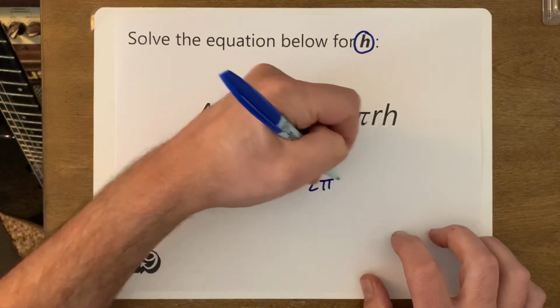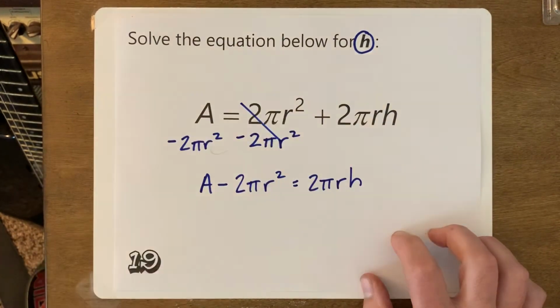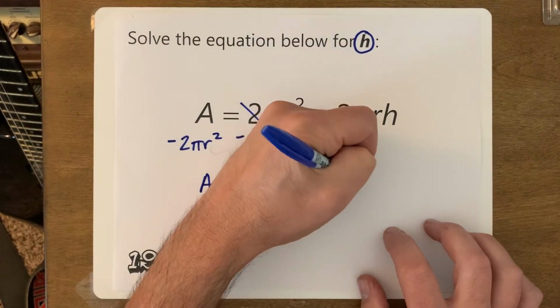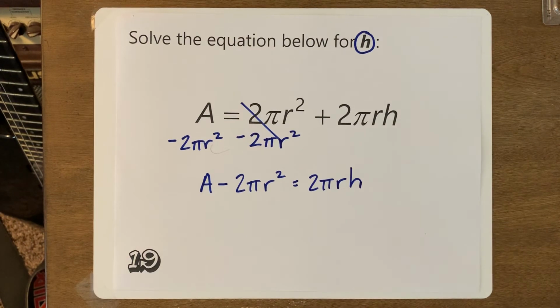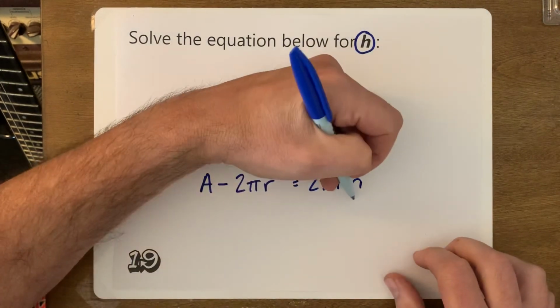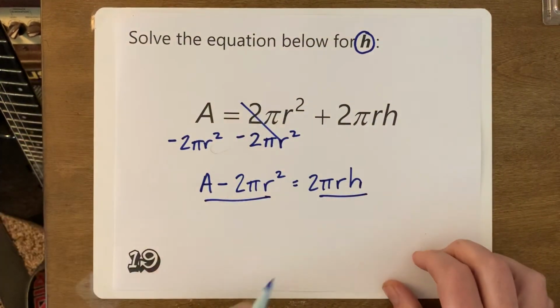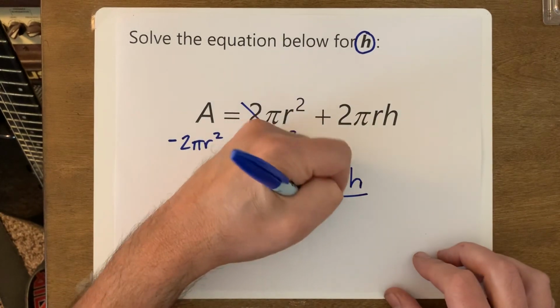Those are the exact same terms, so they cancel out, and I have minus 2 pi r squared equals 2 pi rh. Now, if our whole goal is to only get h by itself, it really doesn't matter how you do it. You just have to get that variable by itself. I can now divide both sides by 2 pi r, all three of them.